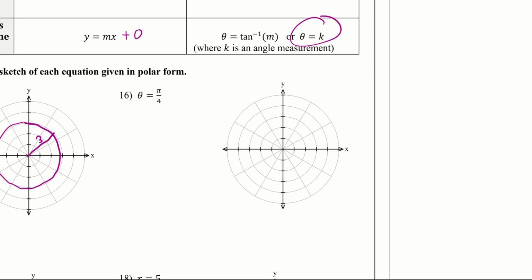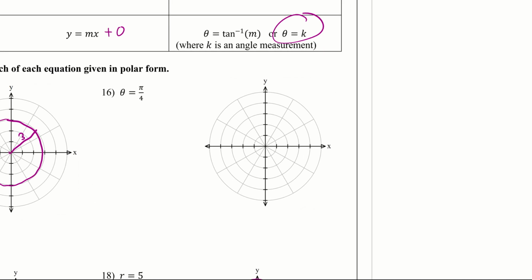So here's what that would look like. If I think about where pi over 4 is, pi over 4 is right here. So theta equals pi over 4 would mean that we are going through that angle, and it doesn't matter what radius we use. In fact, we could even use a negative radius. Since we can use all radii, r is not even in the equation, and it would look like that. This is the line theta equals pi over 4.